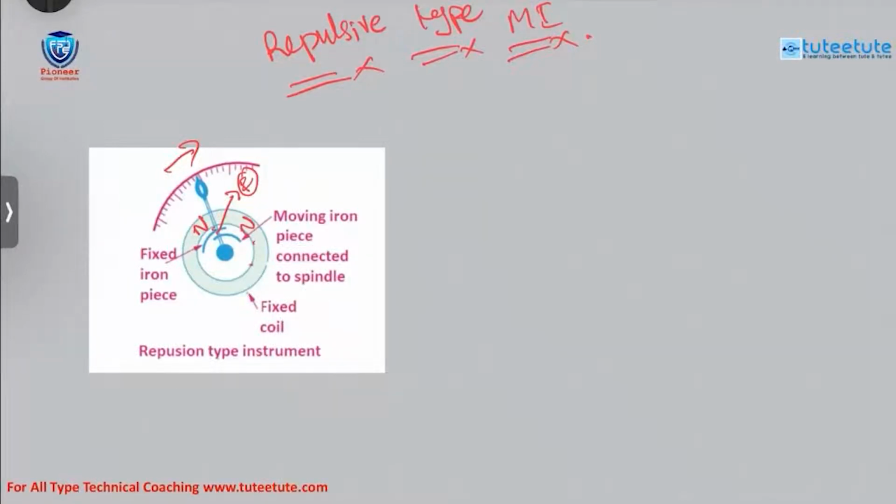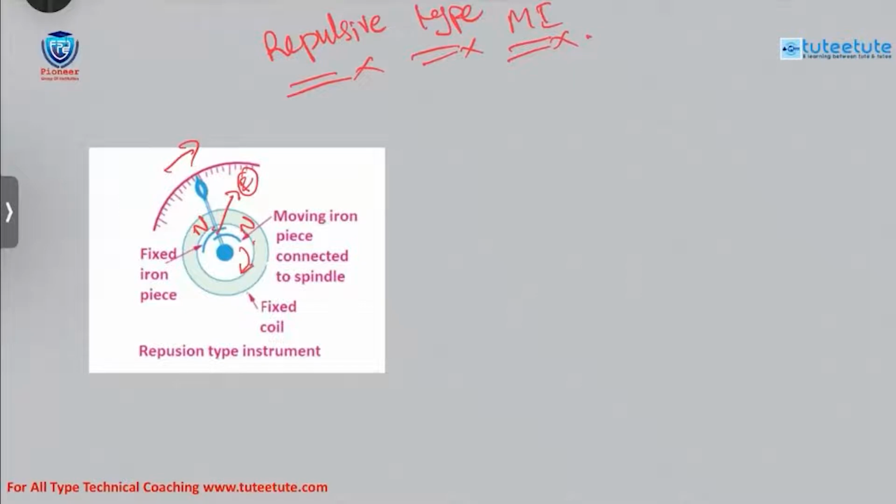Since these two are the same poles, there exists a repulsive force. Because of this repulsive force, the iron piece will move inside the instrument. Whenever it starts deflecting, with the help of the deflecting torque only, the pointer is going to show the reading. Except for this, the controlling torque is also developed by using a spring mechanism.